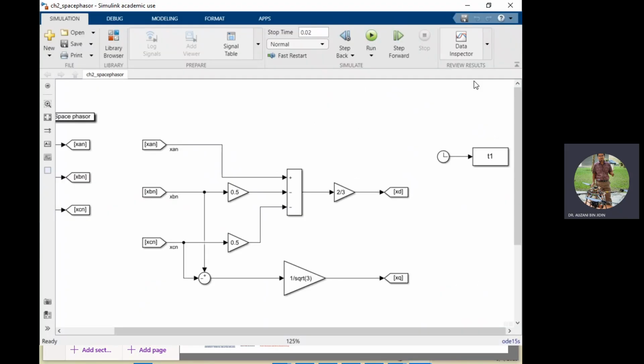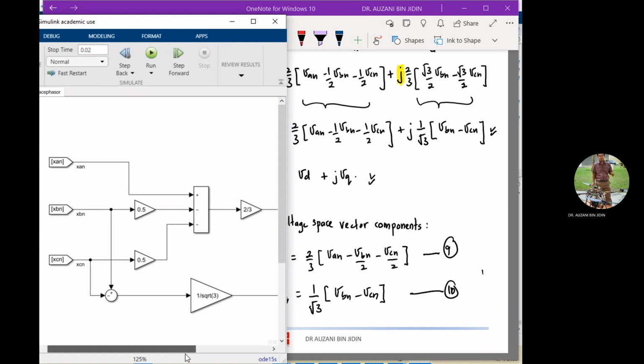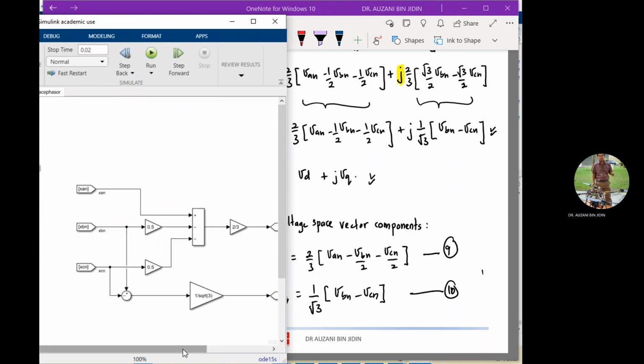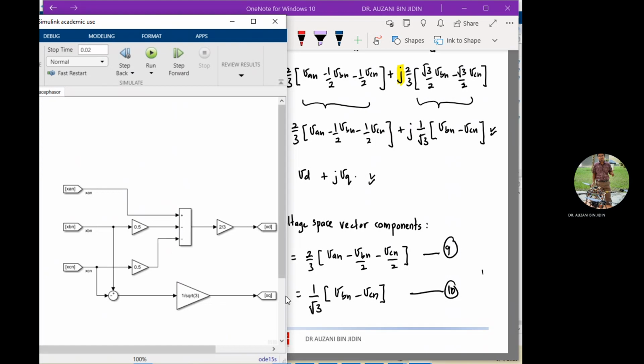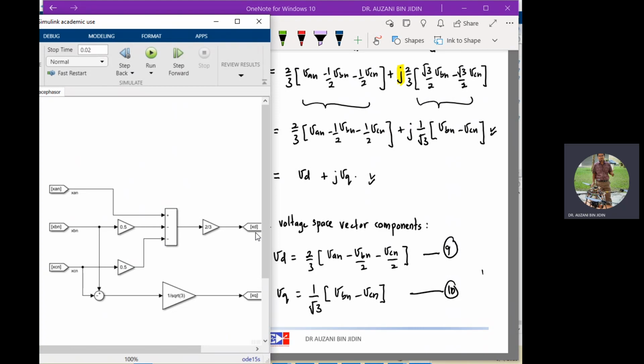So maybe you can compare. Is it the same? Okay. So here is VD. My mouse cursor is on VD.